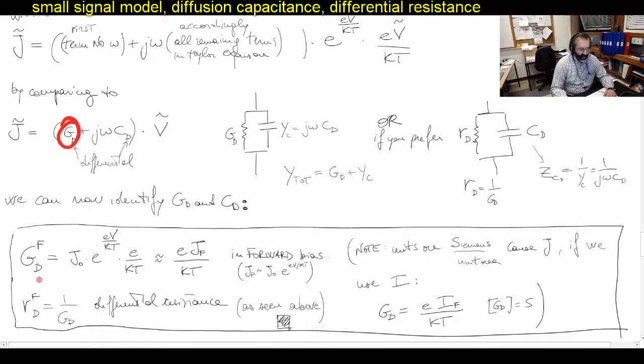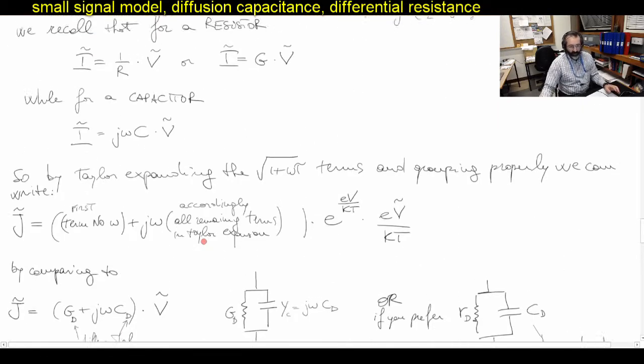So we can easily realize that GD, I've added this term F just because I'm calculating it especially in the forward bias condition. So GD, the exact expression is this one, but if we assume that we are in forward bias, you see J0 times this exponential, which is a constant, remember, because V is the DC voltage. This is actually J in the forward bias condition, the constant current that we had.